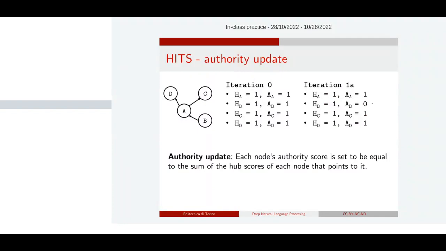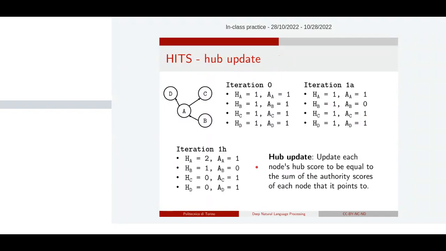Iteration 1, the hub update. I update the hub score for each node. So how I set it is equal to the sum of the authority scores of each node that it points to. So the nodes that are referenced by it.